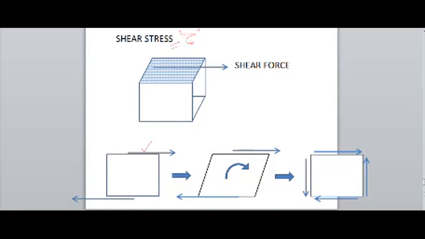To keep the body in equilibrium, the same shear force or shear stress will be developed on the bottom face.